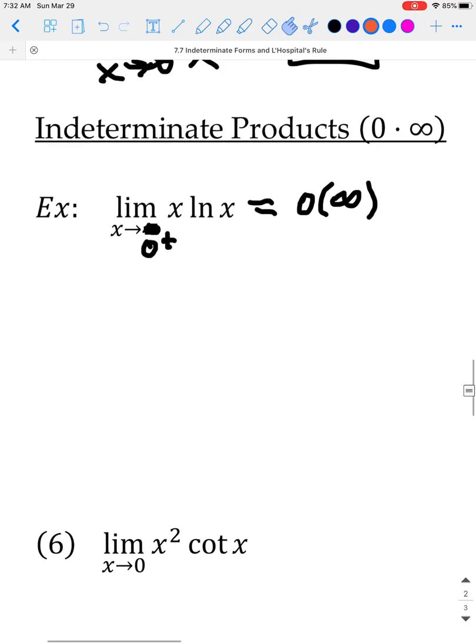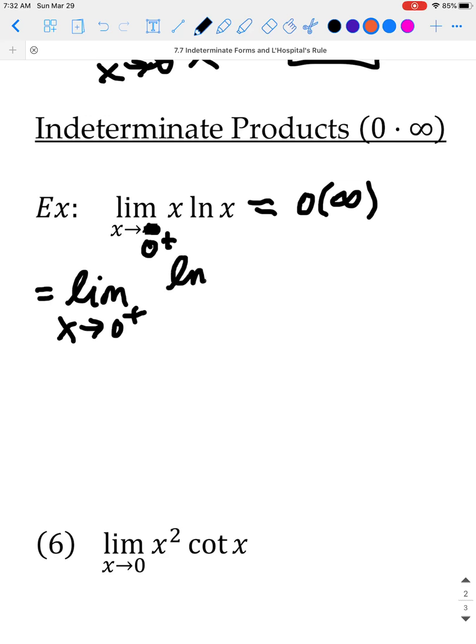Now the indeterminate product doesn't mean we can apply L'Hopital. What it does mean, though, is that we can use a bit of algebra to rewrite this limit in one of two ways. We can reciprocate the natural log or reciprocate the x. I'm going to choose to reciprocate x because that'll make our expression a little bit nicer, as we'll see.